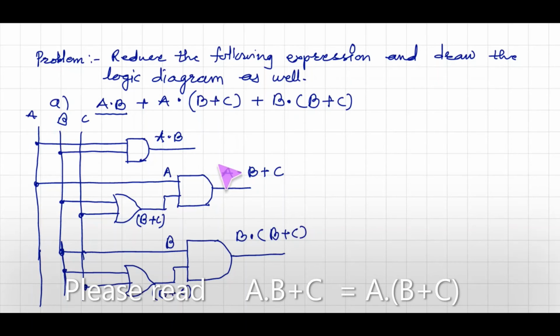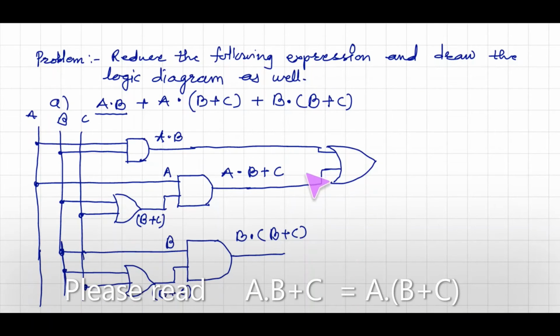Now we have got the first term, second term and third term, and all these terms are to be ORed. So we take the first term and the second term, which are given to one OR gate. We are considering only a 2-input OR gate.